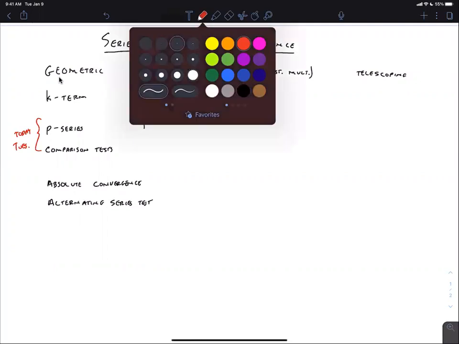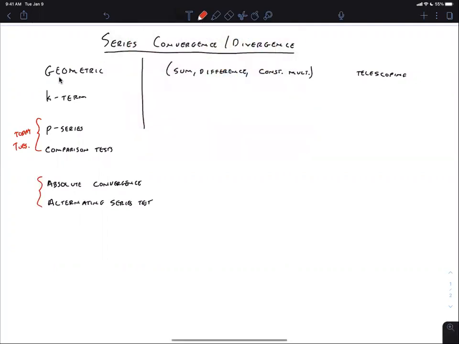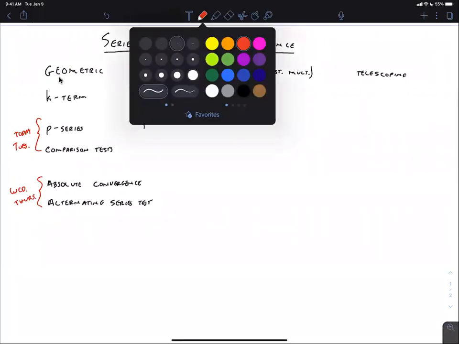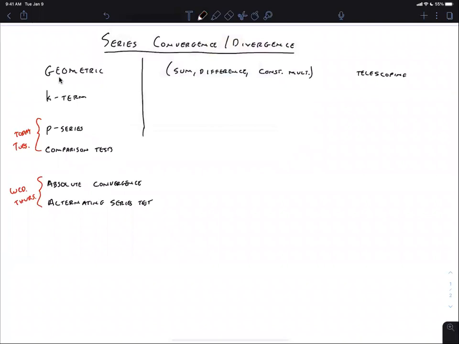That's going to be the topic Wednesday and Thursday of this week. Then we're going to backtrack a little bit. So the stuff on the left, those are the primary ways to show whether series converge or diverge. There are 2 more that we'll add on at the end of next week.